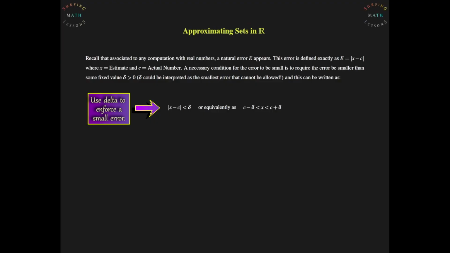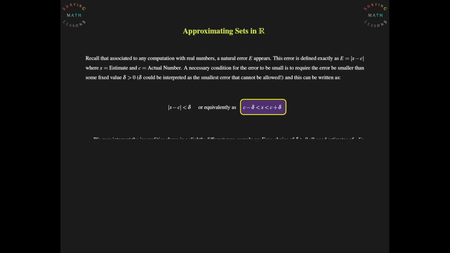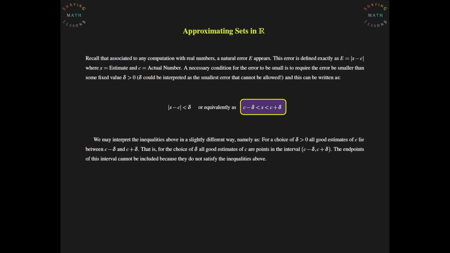Moreover, recall that the inequality E < delta is equivalent to the inequality c - delta < x < c + delta. This double-sided inequality may be interpreted in the following way.